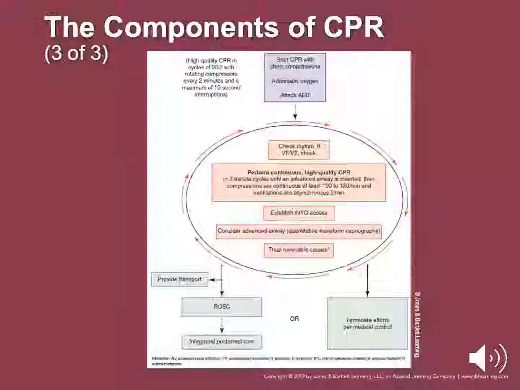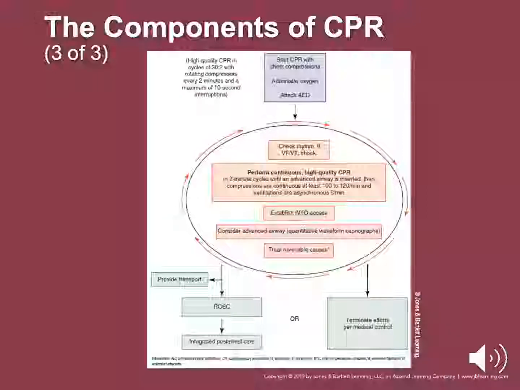This shows the algorithm for providing advanced cardiac life support. So start CPR with chest compressions, administer oxygen, and attach the AED. You're going to go into an algorithm of checking the rhythms. If VTach, start your shocks.